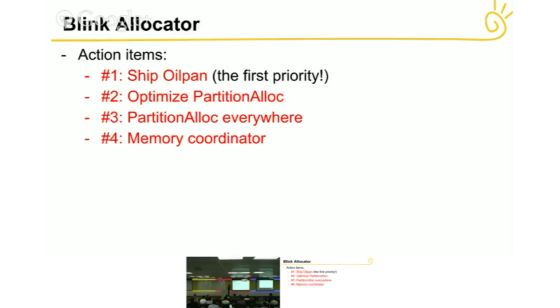Another reason is that PartitionAlloc is aiming at more security, so it never reuses the freed pages for different sizes of buckets and so on, which can eat up a lot of virtual address space. However, that doesn't happen in tcmalloc. So this is completely okay in Blink, but I'm not sure how general this assumption is in Chromium. So we need more investigation. However, we want to do that.